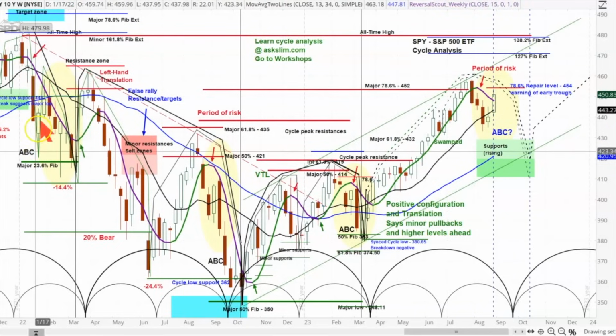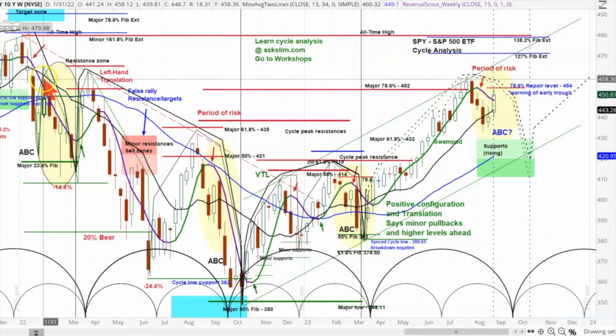So it was an A, B, C correction right over here, or decline. The same thing happened right over here in this cycle, in this period of risk, where you had the decline and then the rally back, and then it moved down again in that A, B, C correction that you see there. Neither of these right over here got up to the 78.